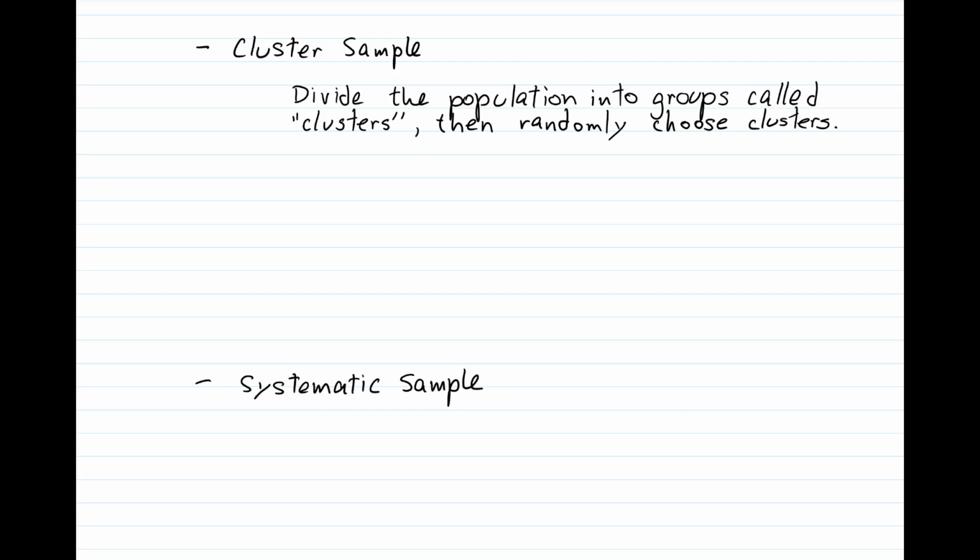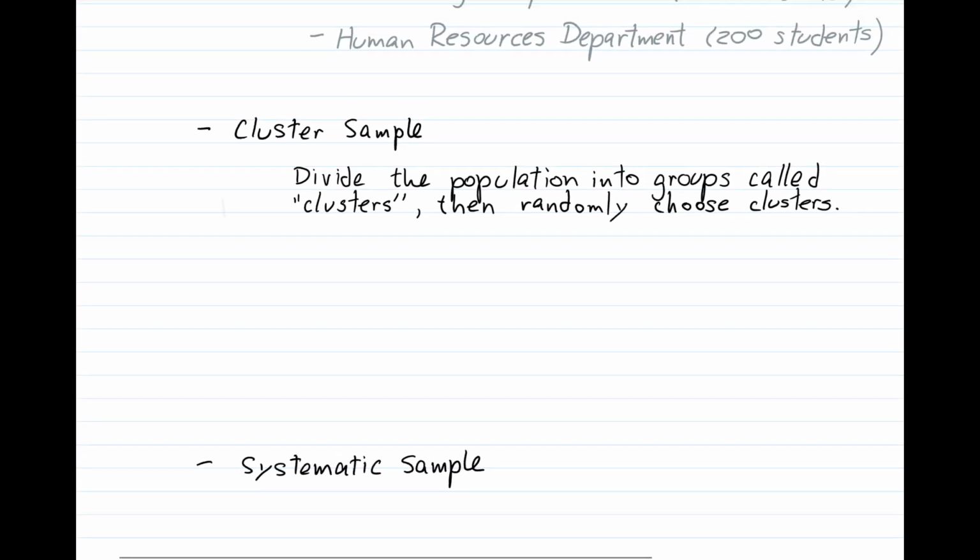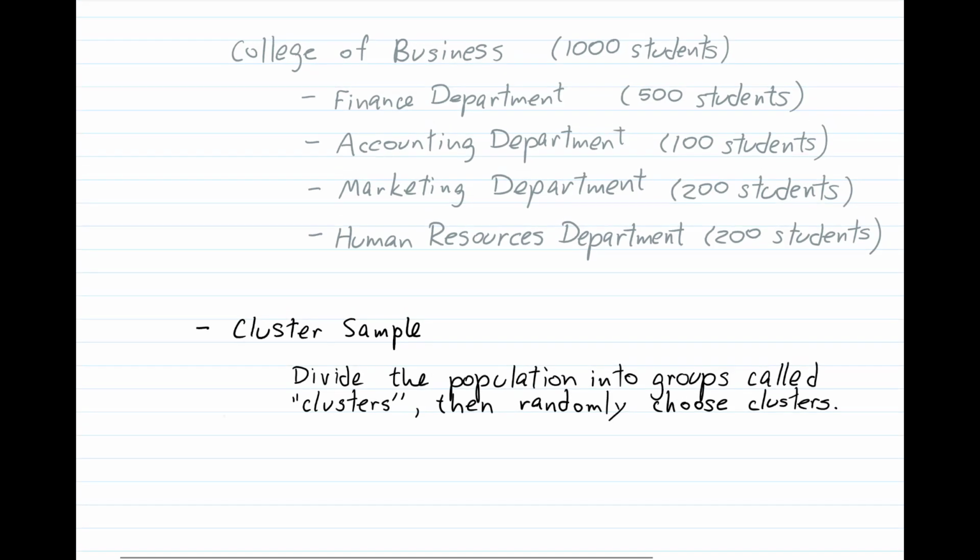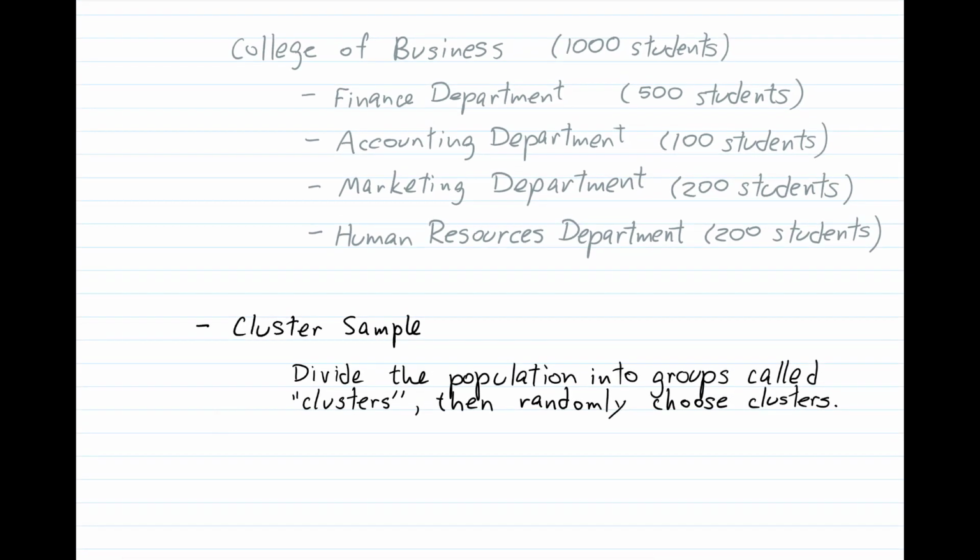Okay, so how would that work with our College of Business that I mentioned earlier? Let's go back and look at that. And let's change the numbers this time. Suppose, for the sake of argument, these 4 departments all had 200 students.